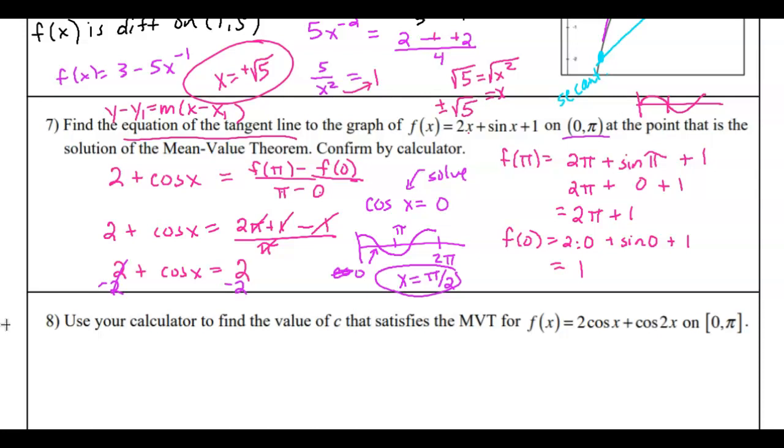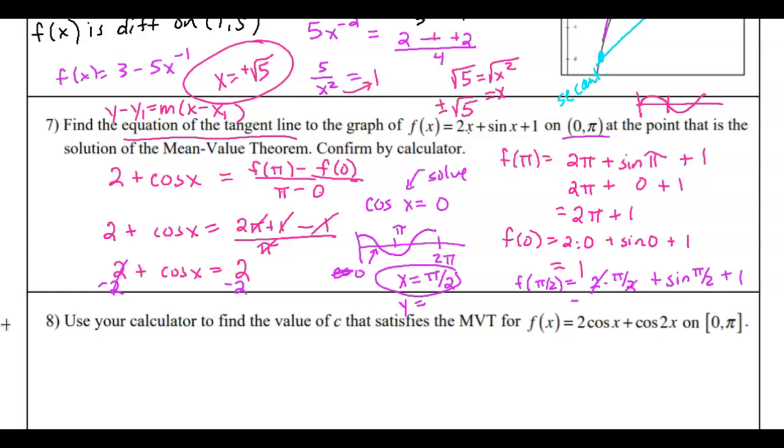All right, so we need to find the y value. We're going to plug that into the original. So f of pi over 2 is 2 times pi over 2 plus sine of pi over 2 plus 1. Because we need a y value and we need the slope.